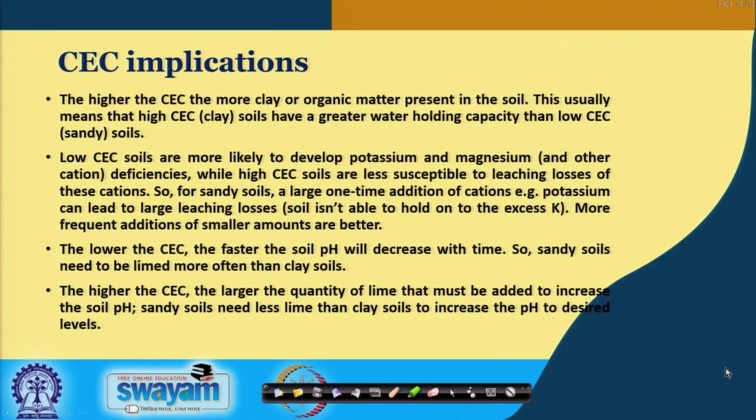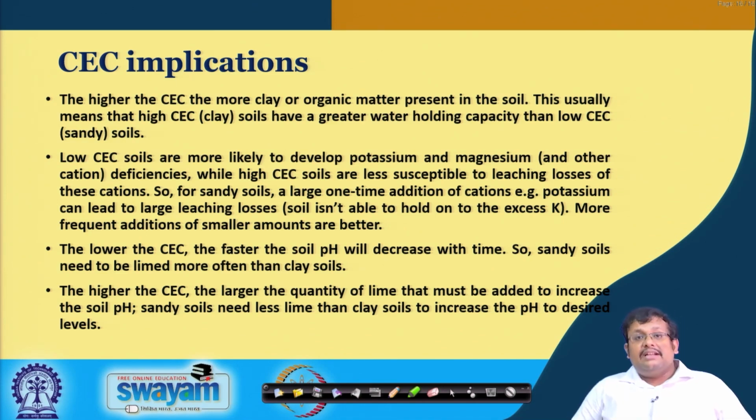Now, let us see another important thing, that is the implications of cation exchange capacity. If we see the implication, the higher the cation exchange capacity, the more clay or organic matter is present in the soil. This usually means that soils with high CEC clay have a greater water holding capacity than low CEC sandy soils.